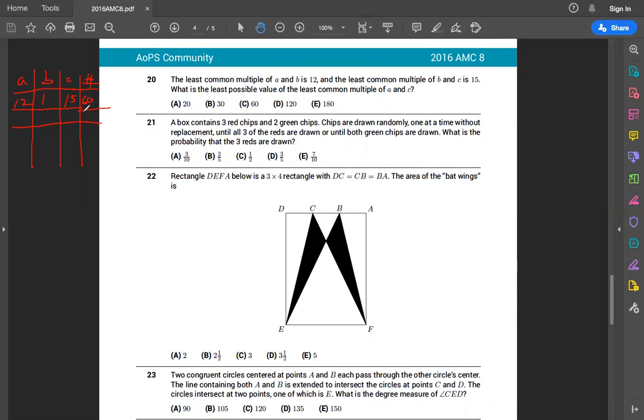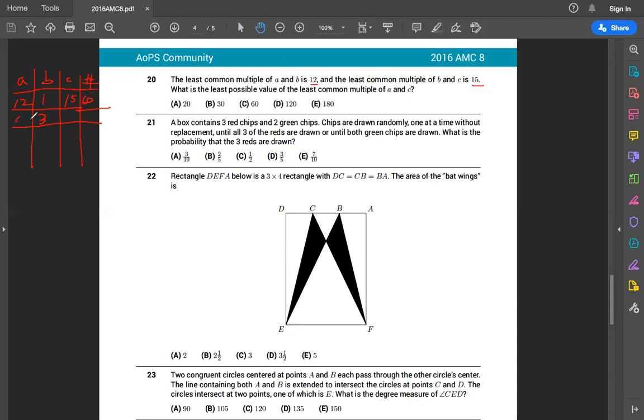And one thing that we can notice is that this 1 does not factor into the least common multiple of A and C. And to make the least common multiple of A and C as small as possible, we want A and C themselves to be as small as possible. So the way to do that would be have B be equal to 3, since it's a common factor of 12 and 15.